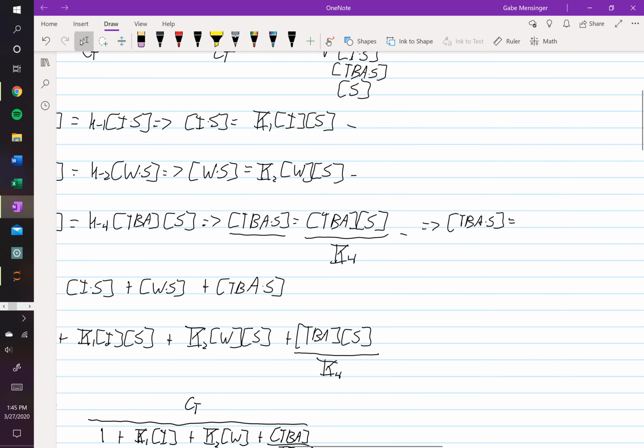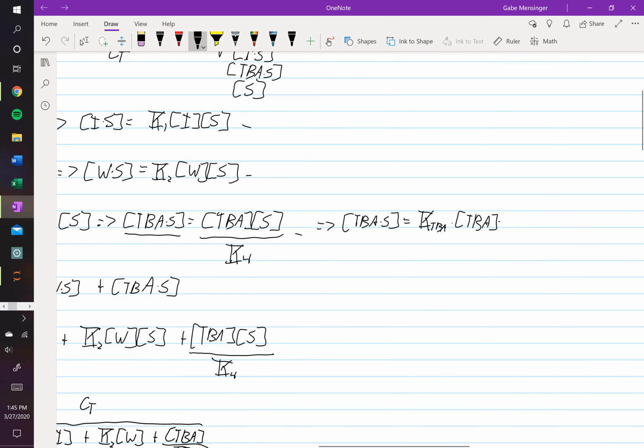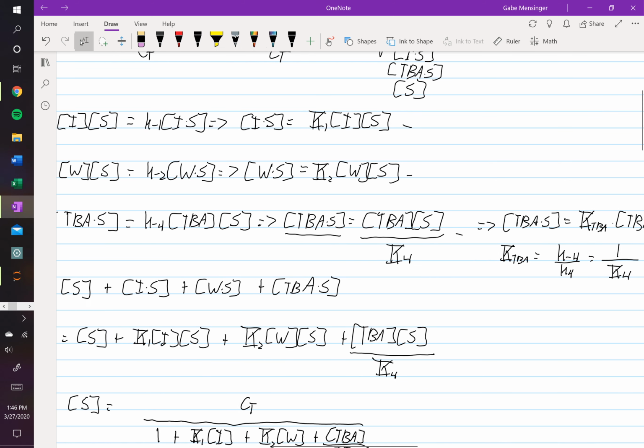So this will technically be equal to capital K TBA times TBA times S. Because remember that it was given in the problem statement that K TBA is equal to K minus 4 over K4, which is also equal to 1 over capital K4. So that's where that substitution comes in.